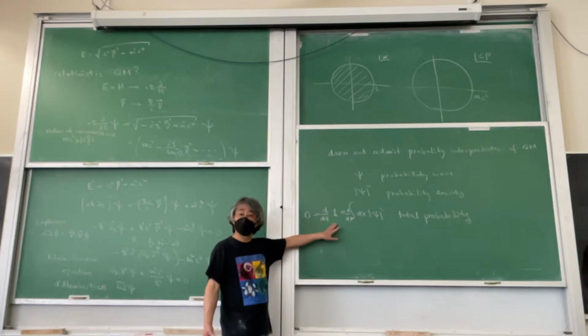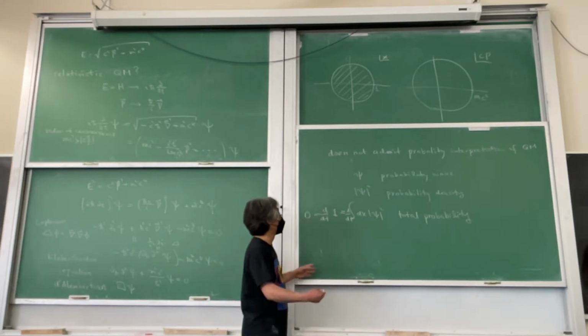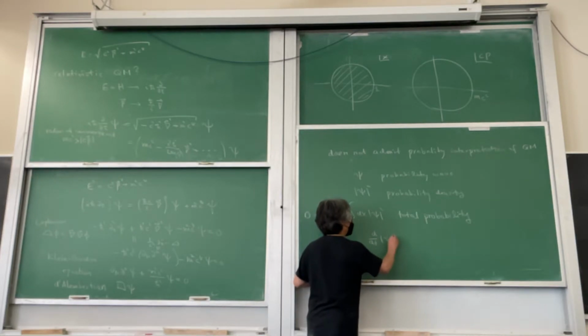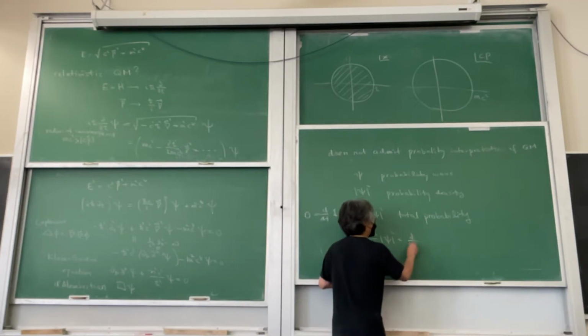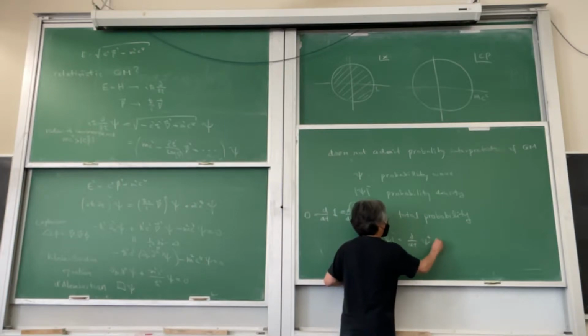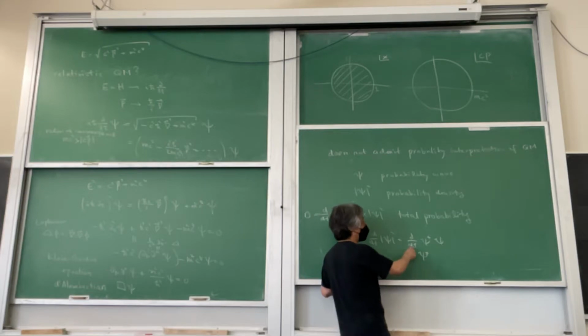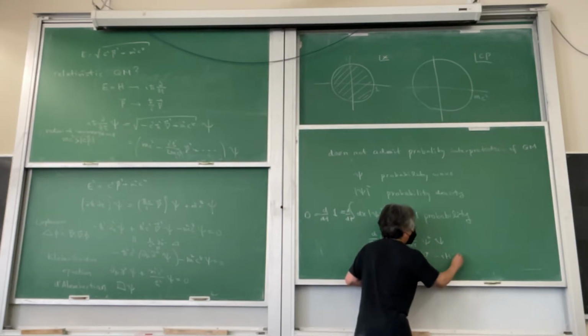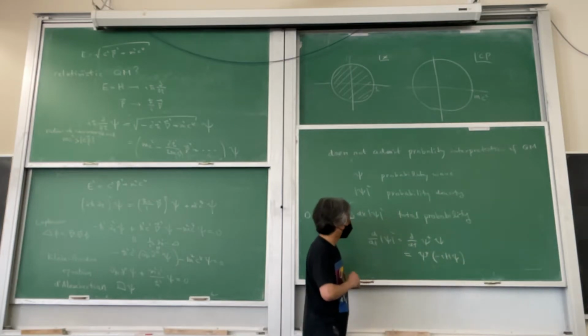And this was guaranteed in the Schrödinger equation because when you take d/dt of psi star psi, the time derivative acting on psi is minus i Hamiltonian acting on psi.